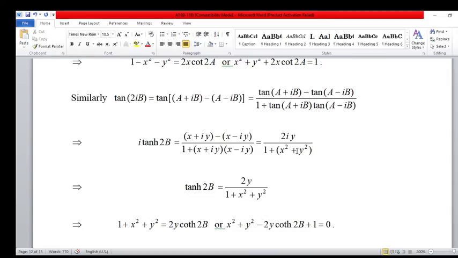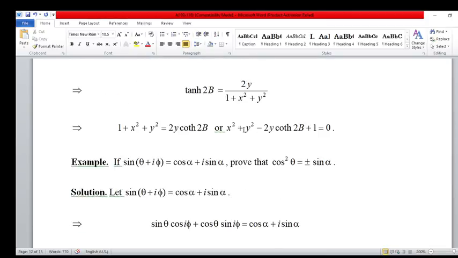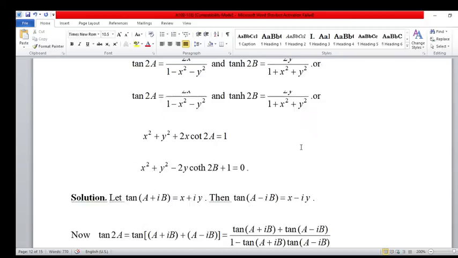So i cancel, this i and this i cancel. Tan hyperbolic twice b is equal to twice y upon 1 plus x square plus y square, and after solving we obtain x square plus y square minus twice y cot hyperbolic twice b plus 1 is equal to 0. This type our result is complete here.